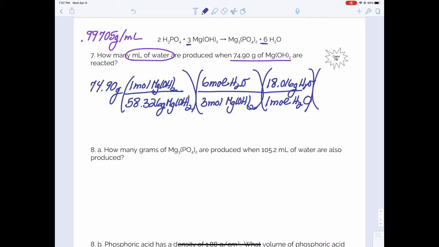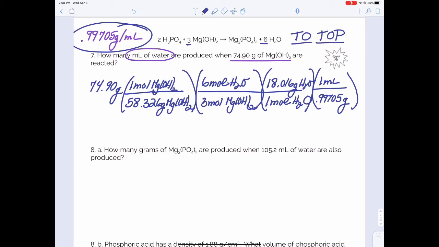And now finally, I can use the density of water. The number part, 0.99705, always goes with the mass, and 1 milliliter is going to go on top. Remember, whatever I'm converting to is going to go on the top. I want to convert to milliliters, so milliliters went on the top.